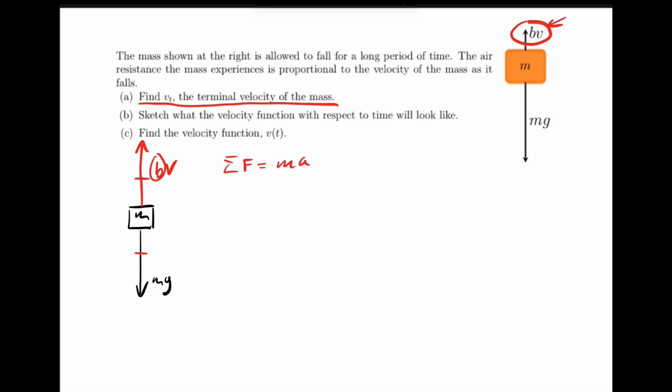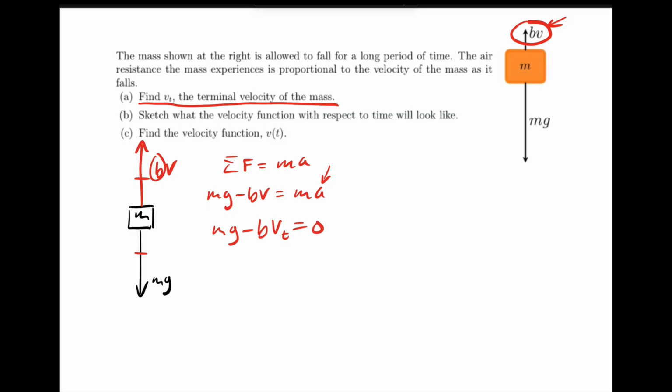Now we're only moving in the vertical direction, so the forces are mg minus bv is equal to ma. But if we've reached terminal velocity, that means a is 0. It's not accelerating anymore. So what I would have then is mg minus b v sub t, because we're setting this equal to 0, and that would be the terminal velocity.